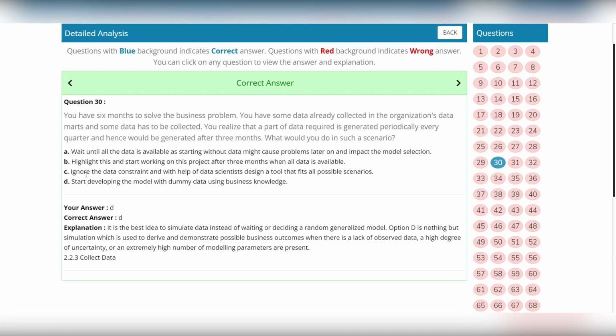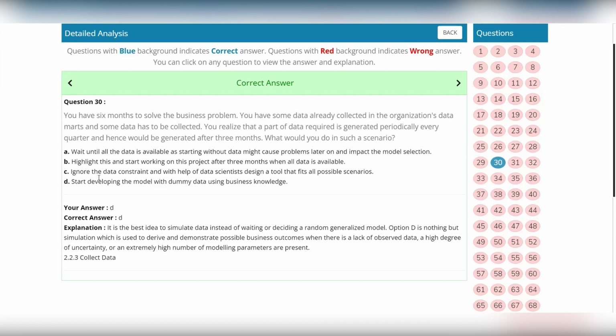Option C says we ignore this fact of missing data and use existing data to go ahead with the project to develop the model. This might cause serious issues later on when we realize that the model is not working as expected on the new data. In this case, we would have to undo all our past efforts and start developing new model from scratch.